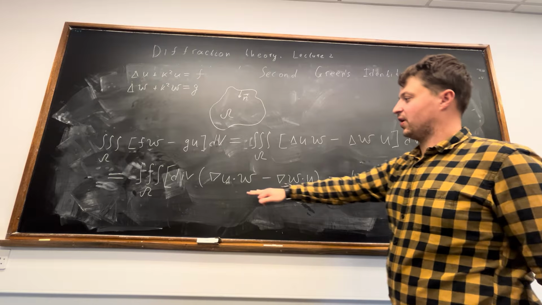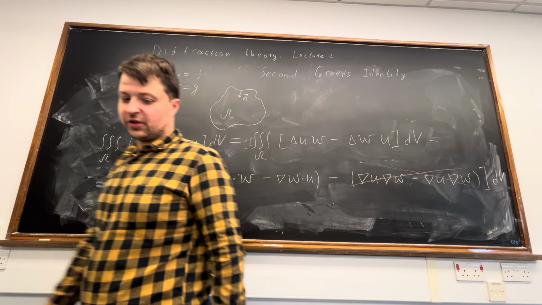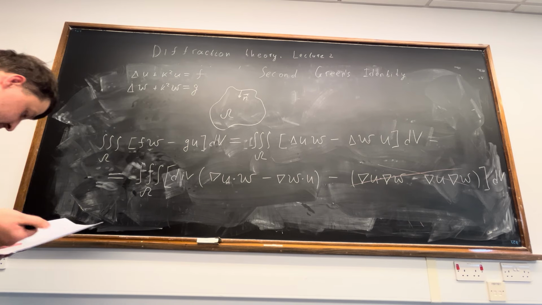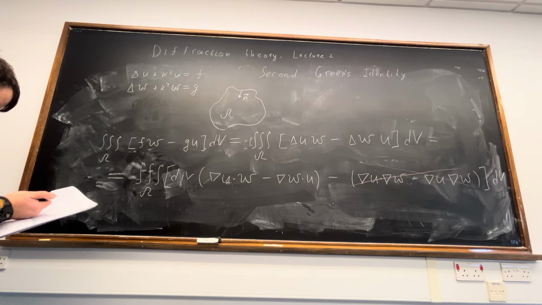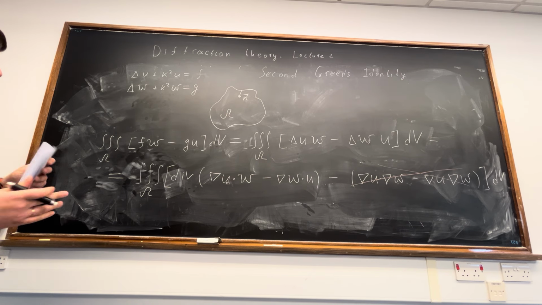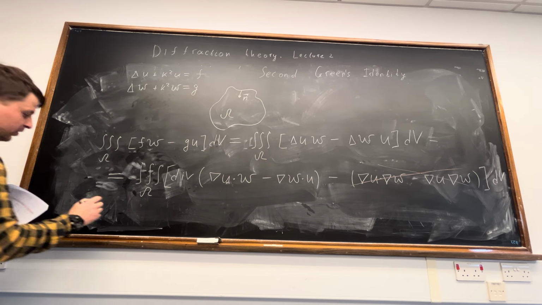So we only have a full divergence term to integrate. The final step: we apply Gauss, or if you go to Russia, this theorem will be called Gauss-Ostrogradsky.